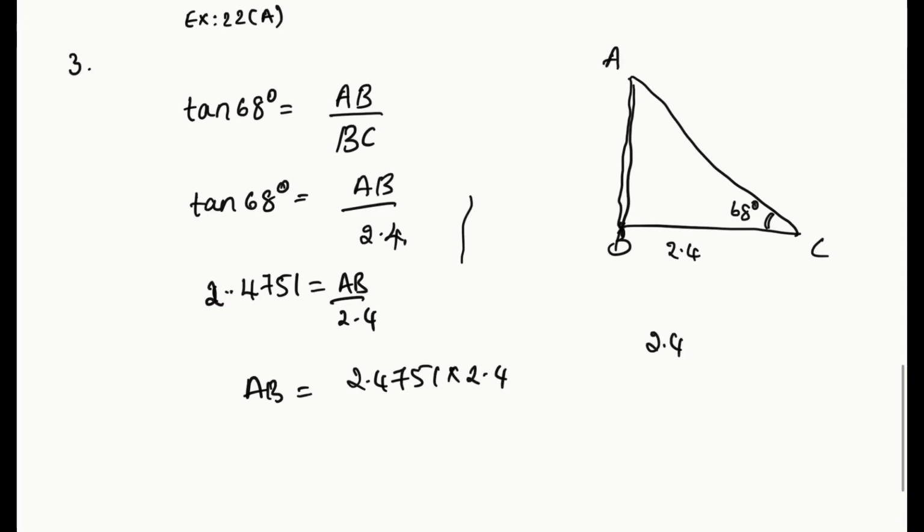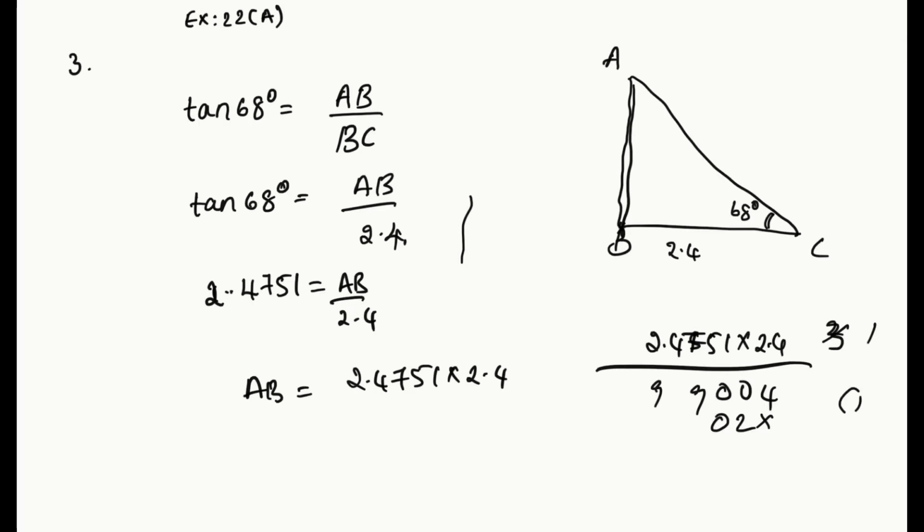Find the answer. 4 5s are 20, 4 7s are 28, 28 plus 2 is 30, 4 4s are 16, 19, 1 balance, 4 2s are 8, 8 plus 1 is 9, and so on.